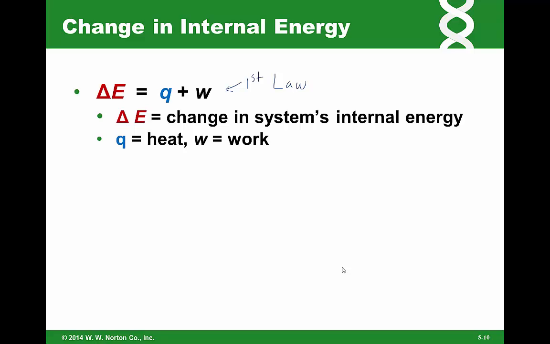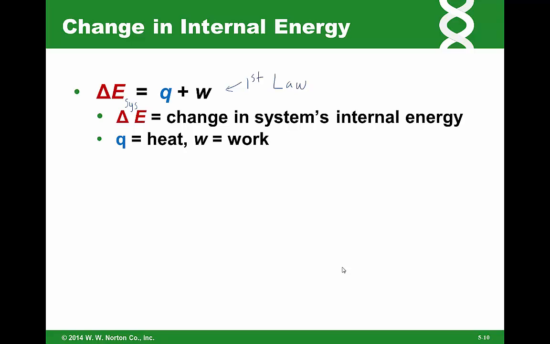The first law says that the only two ways a system can change its energy, here we're talking about delta E, the energy of the system, are through heat and through work. We're going to imagine that those are the only two ways the system can change its internal energy: by exchanging heat with the surroundings, or doing work on the surroundings, or having work done on it by the surroundings. So delta E is the total change in the system's internal energy.